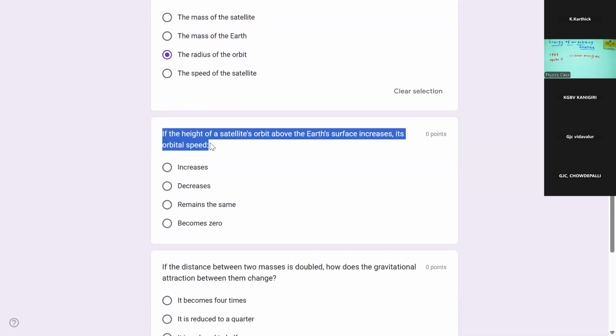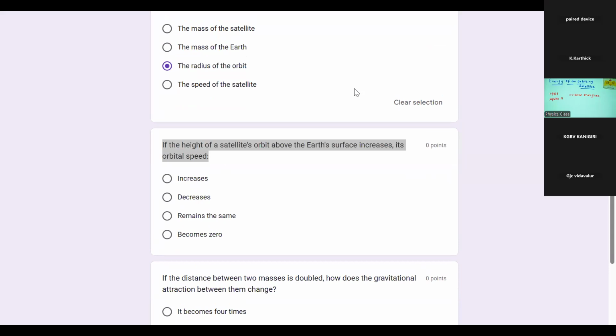If the height of a satellite's orbit above the Earth's surface increases, its orbital speed: increases, decreases, remains the same, or becomes zero?